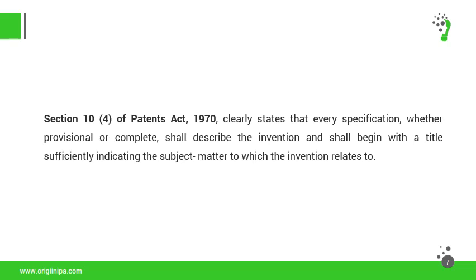Every complete specification should fully and particularly describe the invention and its operation or use and the method by which it is to be performed, disclose the best method of performing the invention which is known to the applicant and for which he is entitled to claim protection, and end with a claim or claims defining the scope of the invention for which protection is claimed.